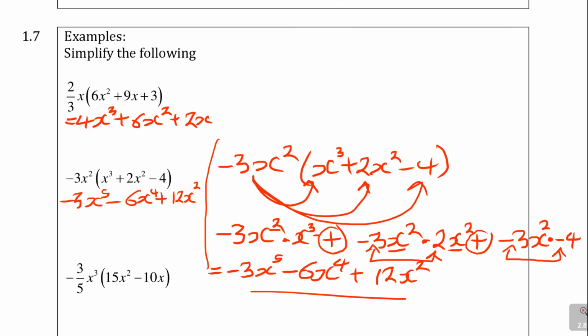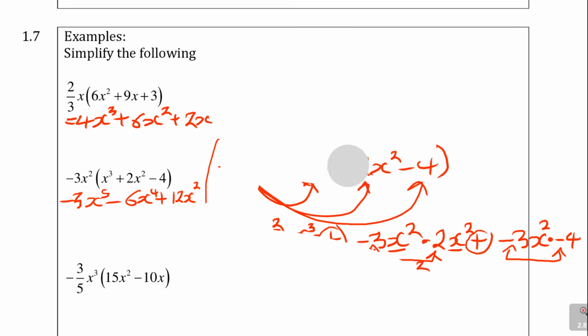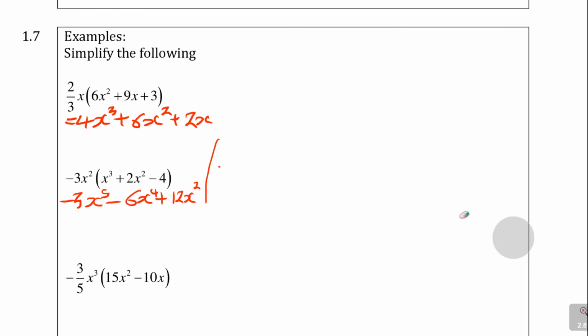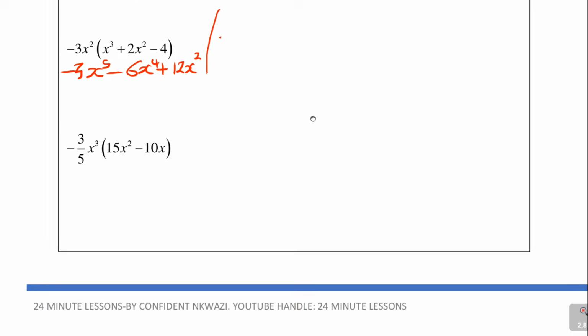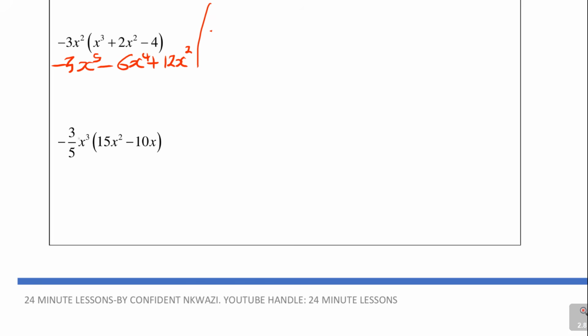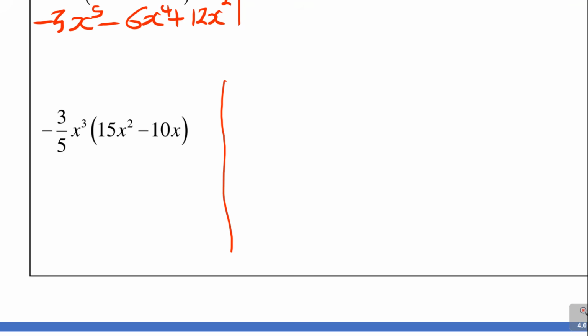Alright, now lastly, I have to end it here so that our lesson doesn't become too long, and you'll join me in the next lesson. So what is happening here? I'm just going to do it from here. Look at it. I think it's big enough, just to save time.